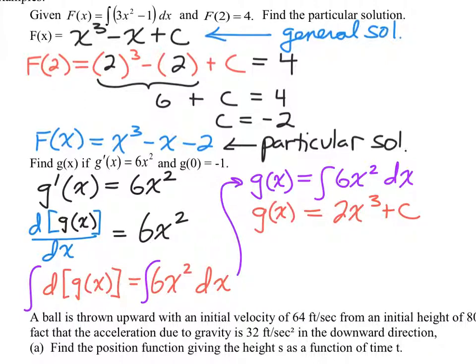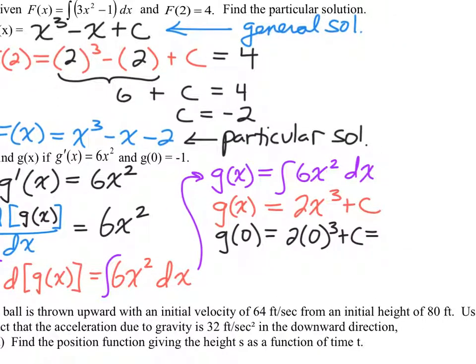Now they gave us a condition saying g of 0, which is telling us that x is 0, is going to be equal to -1. Now, if your independent variable is equal to 0, oftentimes, not always, but oftentimes, that means that whatever the result of the condition is, that's generally going to be your c value.